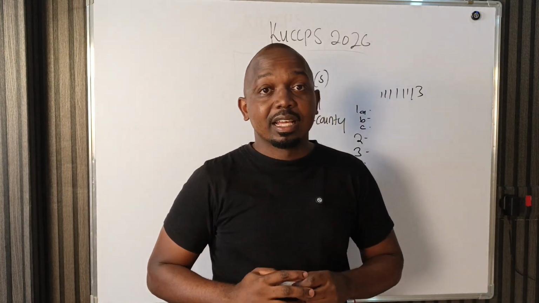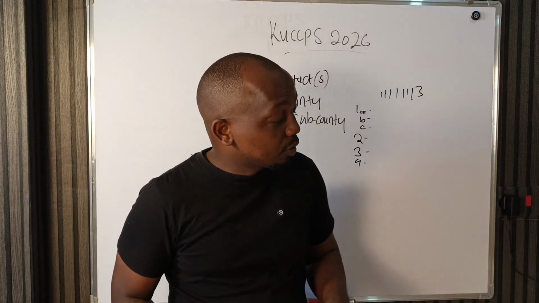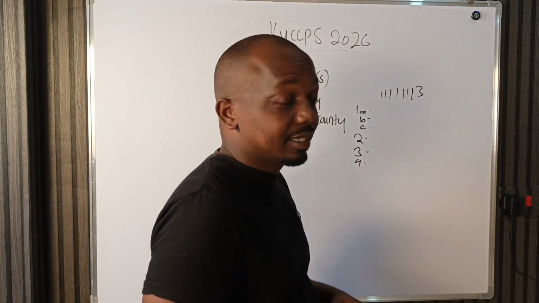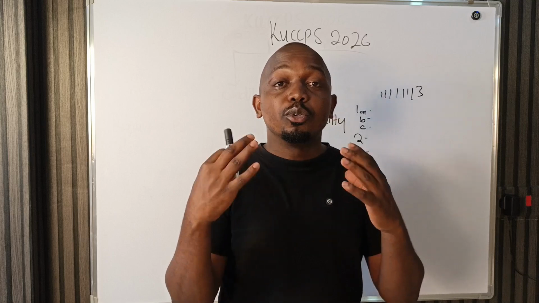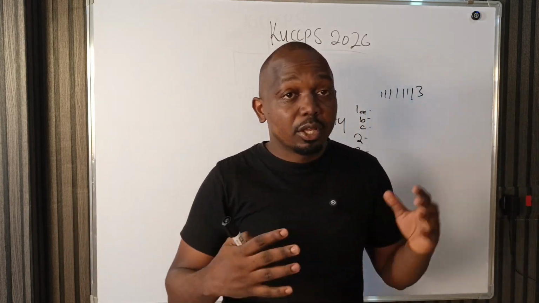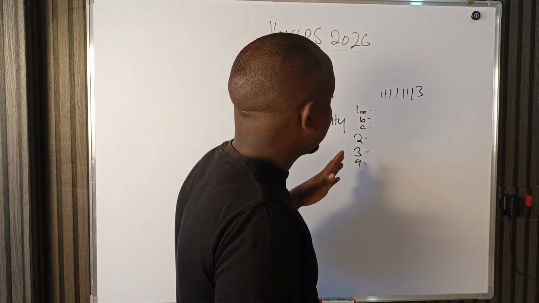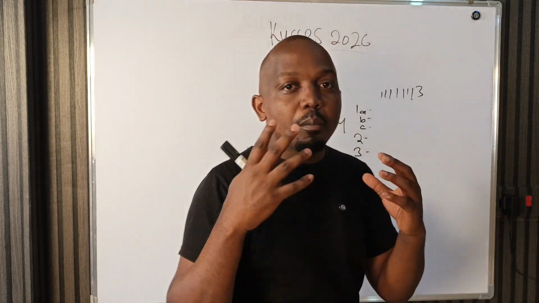The next thing, once you're satisfied, you proceed to submit your choices. It will ask you, do you want to be selected for other courses in case these courses have filled up? The thing is, the placement service is competitive.